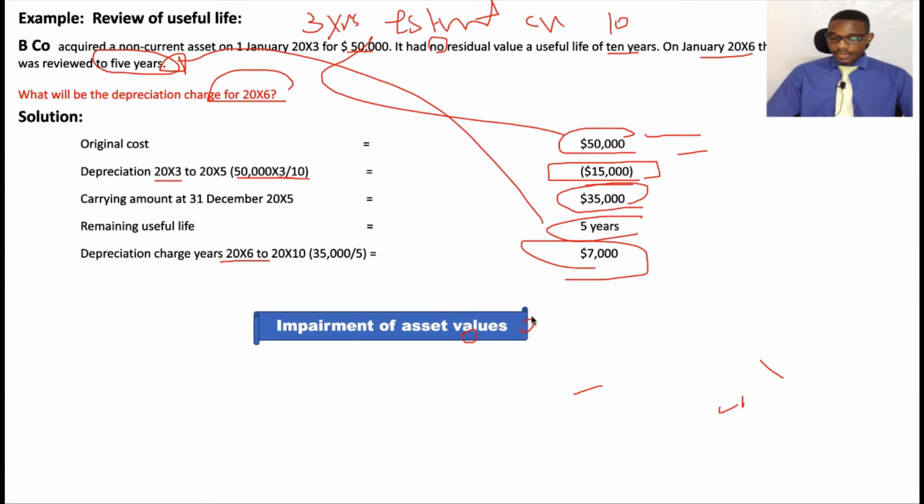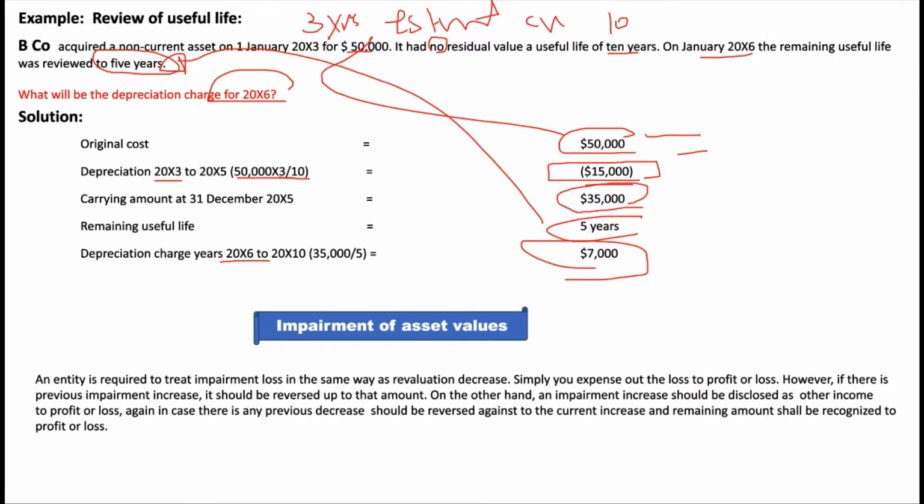In the next chapter, we are going to discuss the impairment of asset values. An entity is required to treat the impairment loss in the same way as a revaluation decrease. Simply, you expense the loss to profit or loss. However, if there is a previous impairment increase, it should be reversed up to that amount.